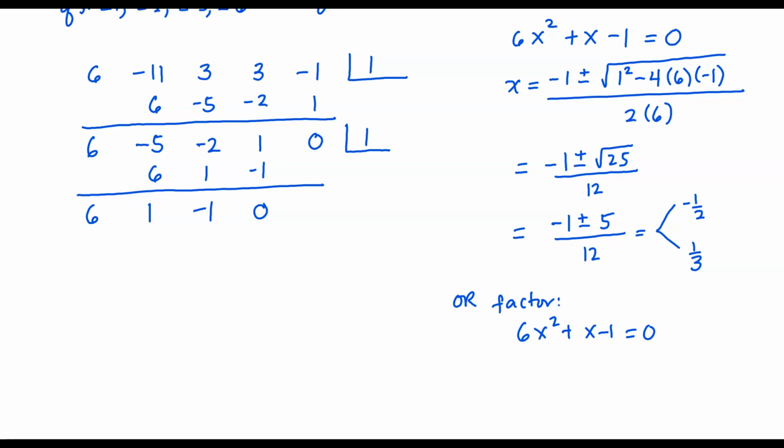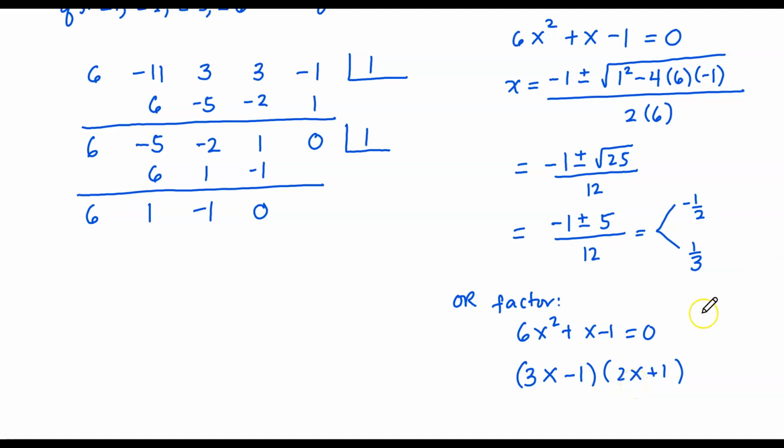You can factor 6x squared plus x minus 1 equals 0. The factors of 6 will be 3 and 2. So you have 3x, and then the factors of 1 is 1. We'll reconcile the signs later. So you have 2x, and then you put 1 and 1 here. Now, which one gets the positive? This one is minus, because if you multiply 2x by negative 1, that should be negative 2x.